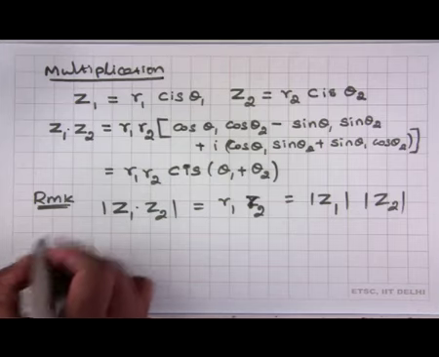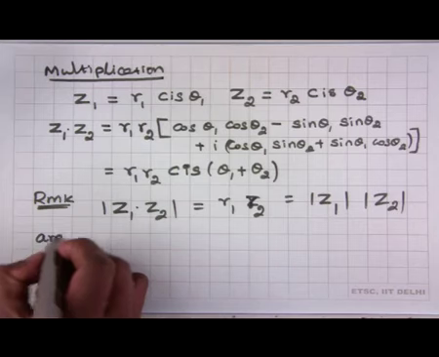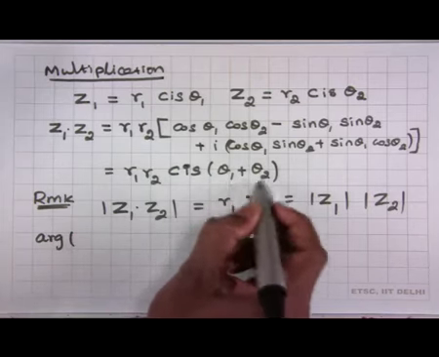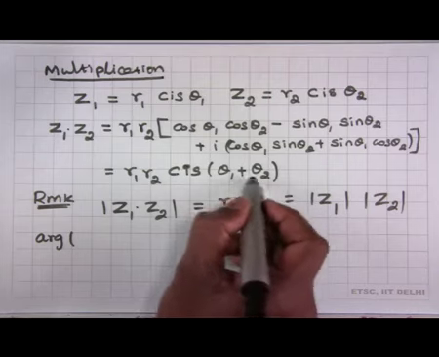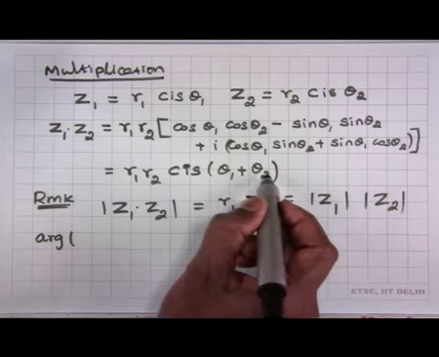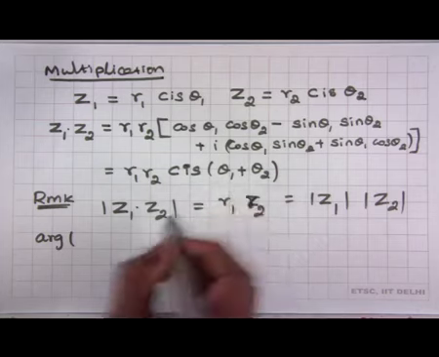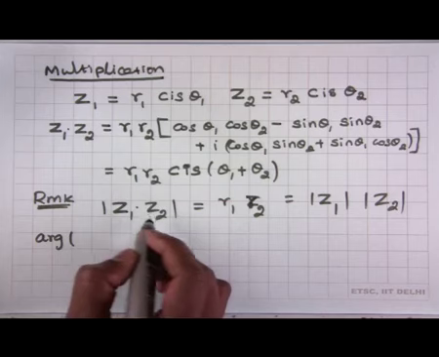the argument of z1 z2. Since we consider the principal argument, it may happen that when we sum two angles it may go more than pi, or it can go below minus pi. So, in order to get the principal argument we need to do some adjustment.